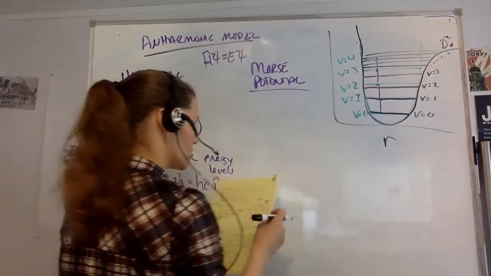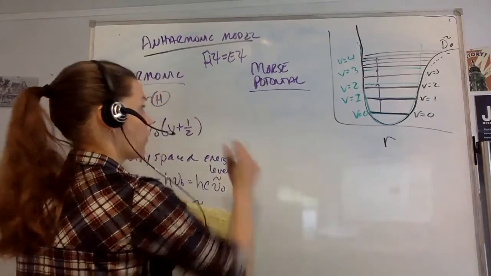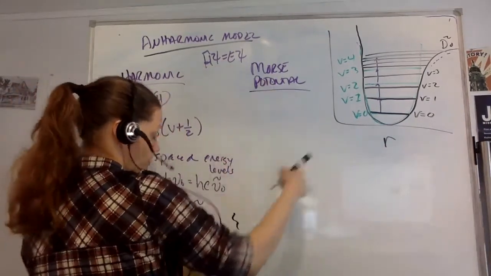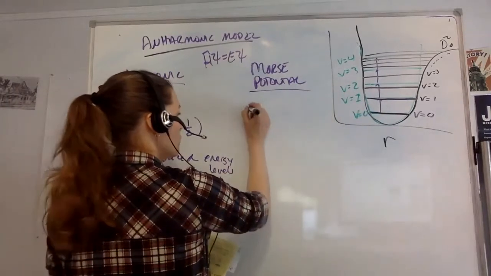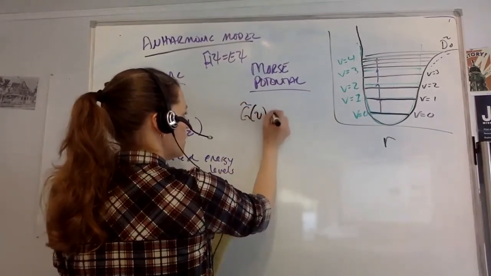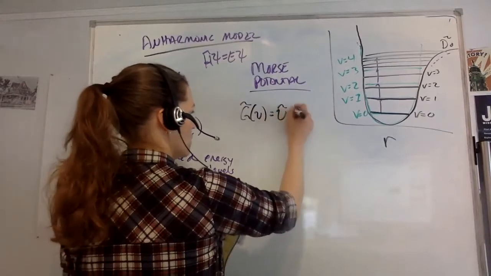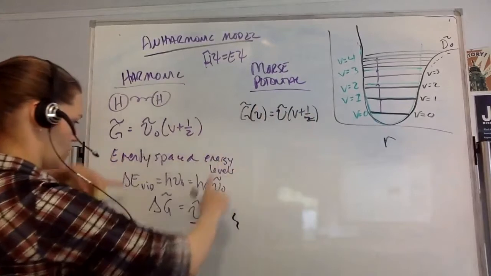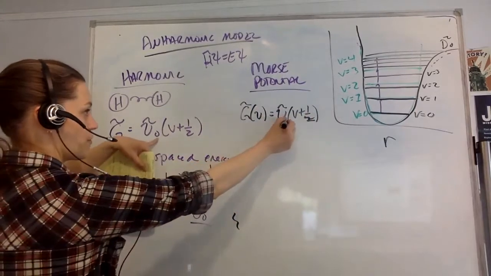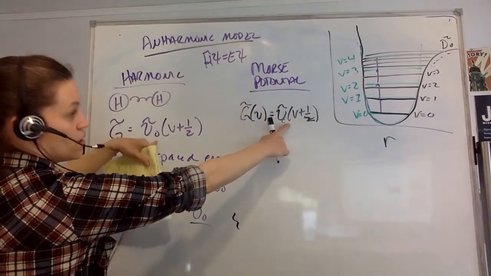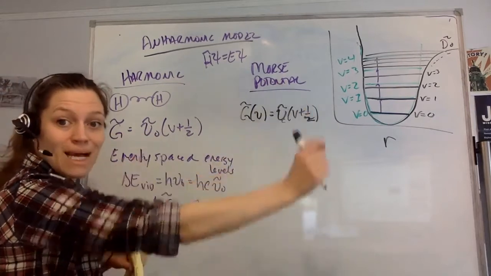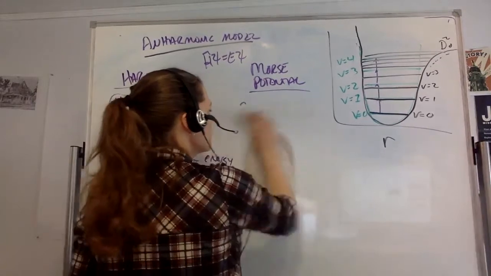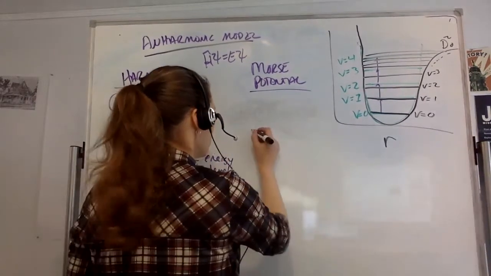So what the Morse potential yields, after adding that potential into the Hamiltonian, operating on it, and getting an energy, is G equals ν0 times (v plus 1/2). That should be a half, by the way.